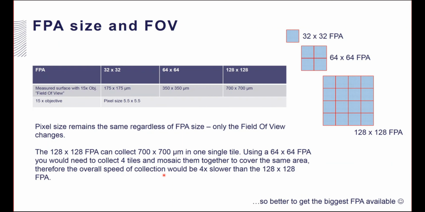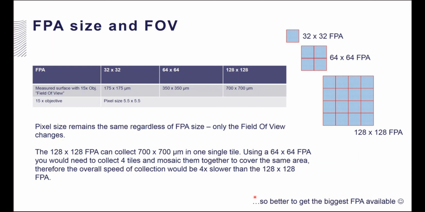So basically we will have an overall speed that is 4 times lower than the bigger FPA. To summarize, the pixel size for a given objective will be the same for different sizes of detectors, but what changes is the field of view, because the bigger the detector, the bigger the field of view, from a 32 by 32 detector to a 64 by 64 to a 128 by 128.